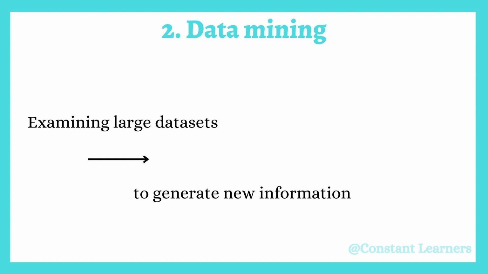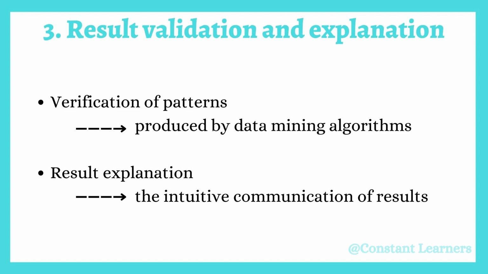All right. Now, the third step is result validation and explanation. Now, result validation involves the verification of patterns produced from data mining algorithms. So, whatever algorithms or processes we are performing in the data mining stage, we are going to validate those results or those patterns, and we are going to explain the result, right? The result explanation involves the intuitive communication of the results.